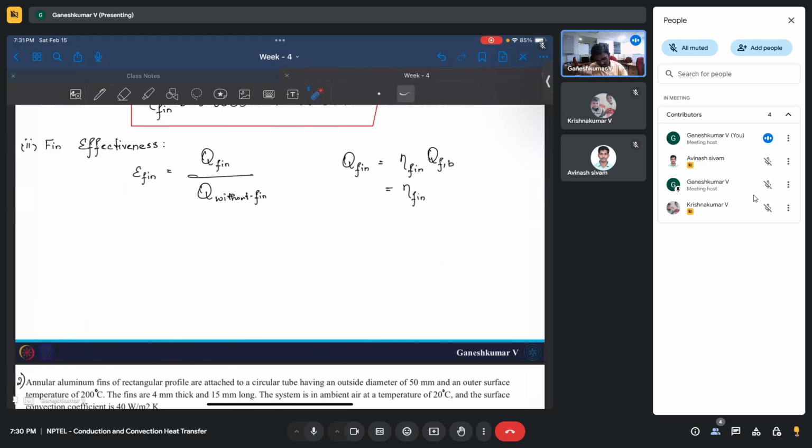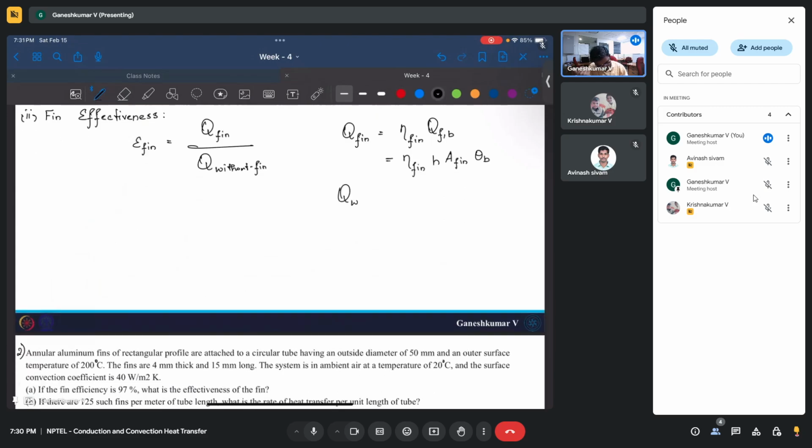This might lead to an interesting result. So this would be h times area of the entire fin times theta b, right? This will be Q fin when the entire fin is at base temperature. That is this part. When you multiply that with efficiency, you will get the actual heat transfer rate from the fin. Okay. Now, what would be the Q without fin?